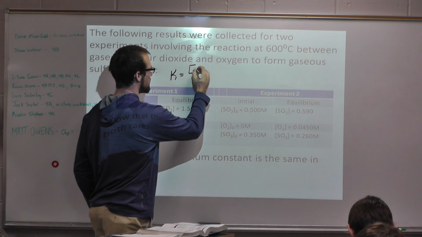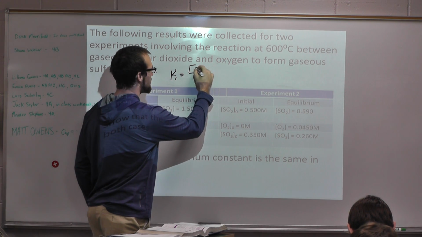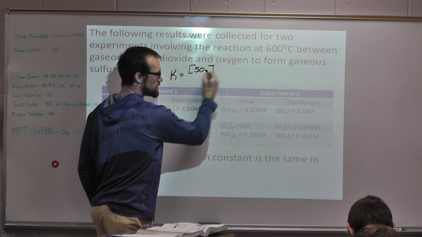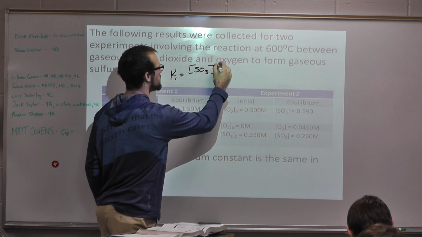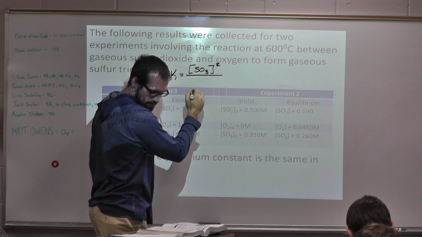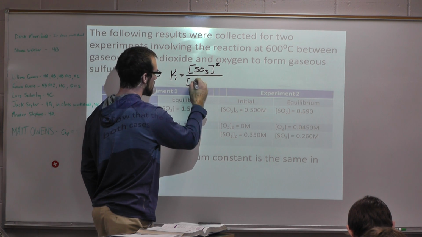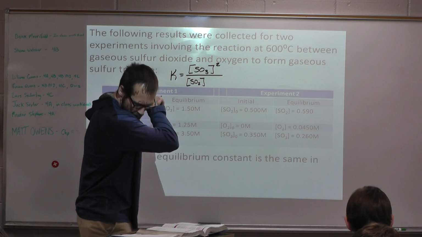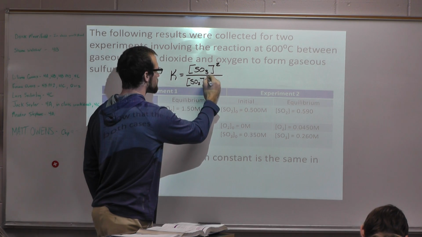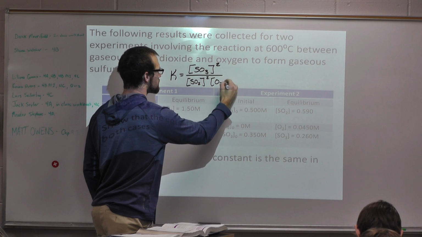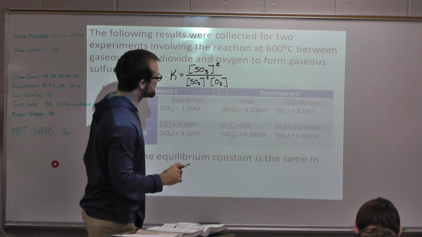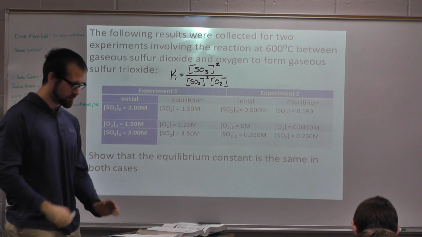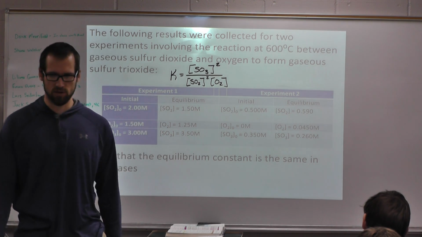It's not going to be exact due to experimental error, probably just rounding. 0.04 off. There's your equilibrium expression. You're going to plug in for experiment 1, experiment 2.